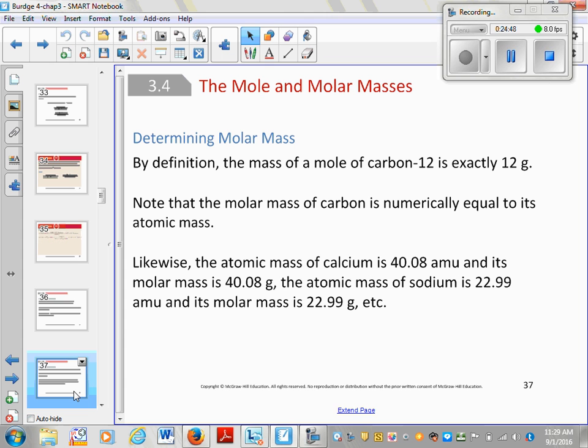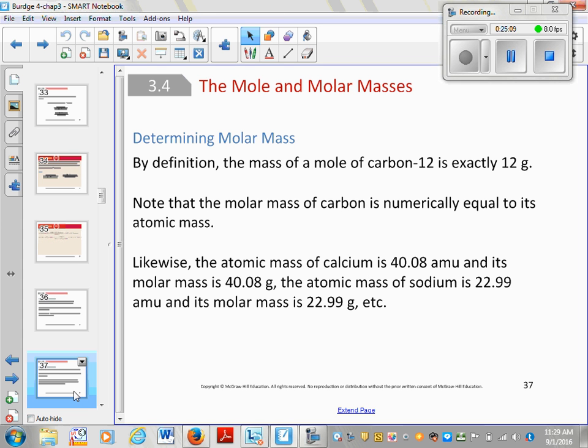Well, it turns out, without doing all the math, the molar mass of a substance is equal to the same thing as its atomic mass. So, we did formula masses and molecular masses, you do CO2, you add a carbon, 2 oxygens, and it was 44.01 AMU.